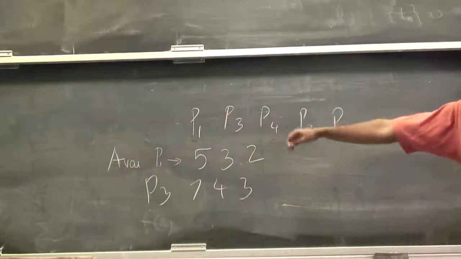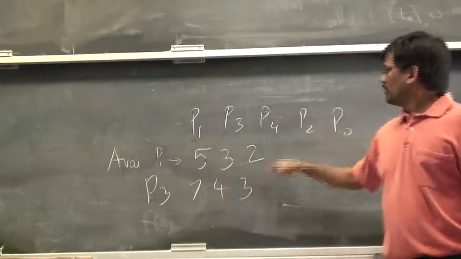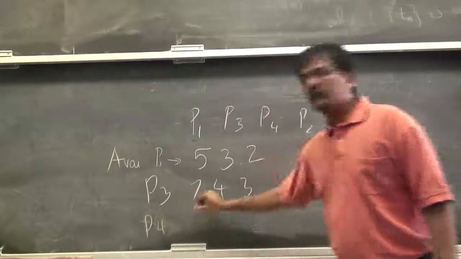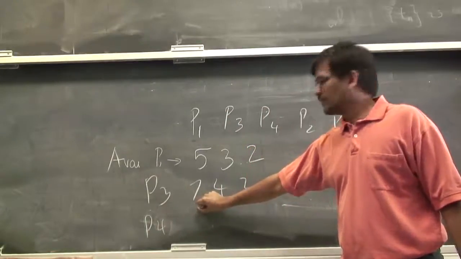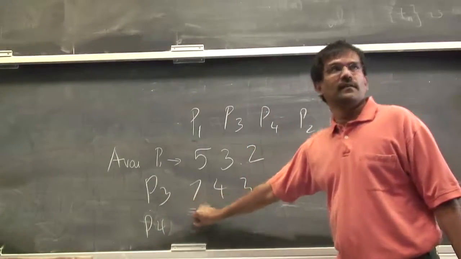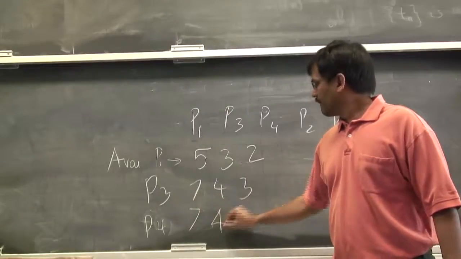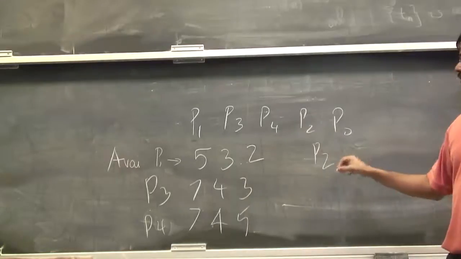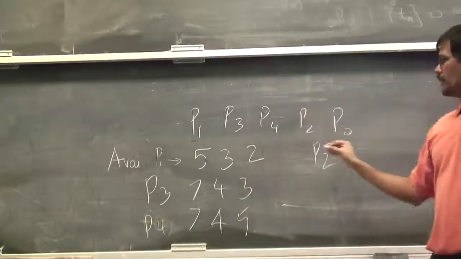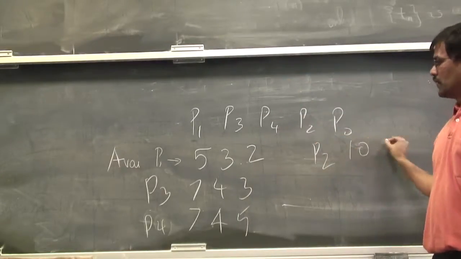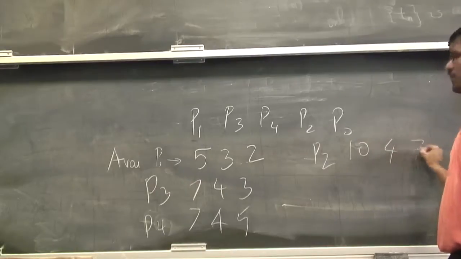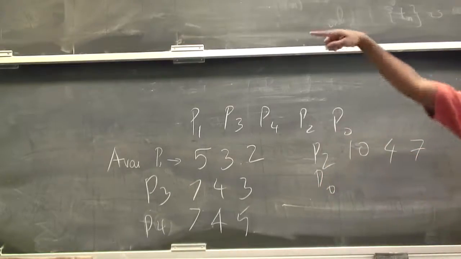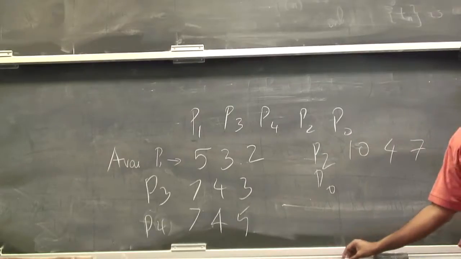So it's 7, 4, 3, and if you do P4, right, and then P2, so P0 can get all the resource points, right?